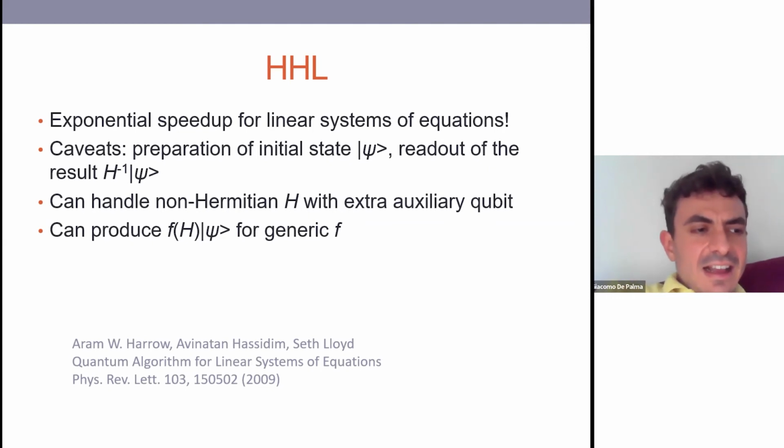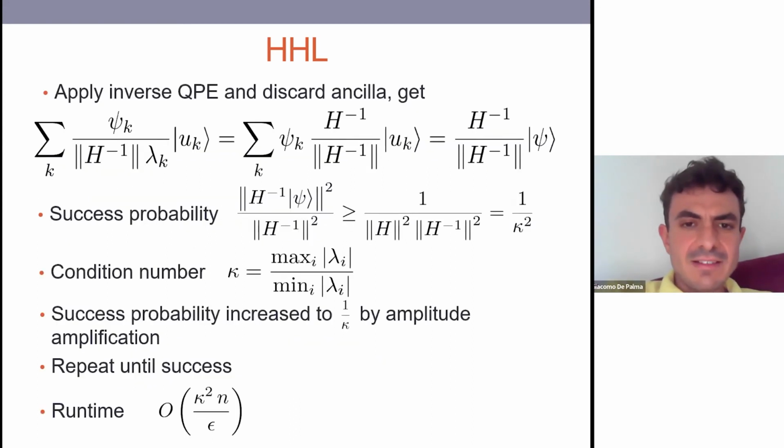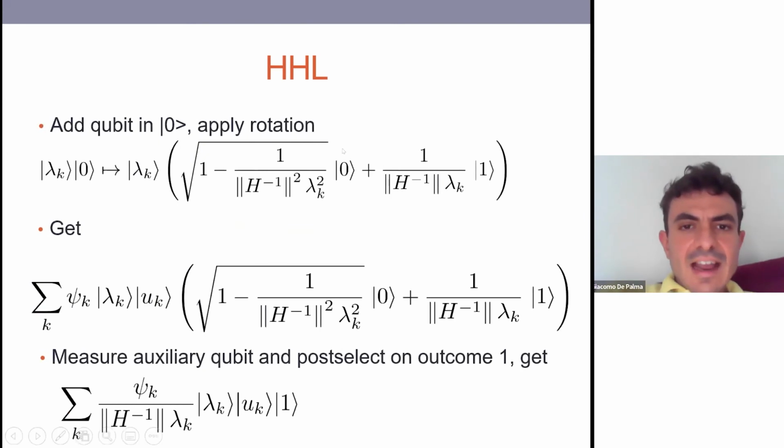And another fundamental thing that I have to say is that if you look back at how we built the algorithm, the inverse function appears when we apply this conditional rotation to the qubit. And you can very easily see that it doesn't really matter whether this function is the inverse, it could have been any other function.